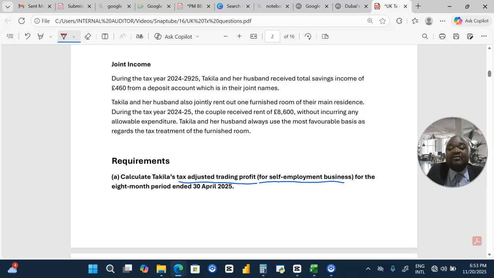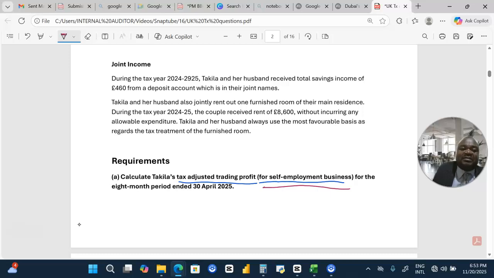The examiner always does this to ensure that students get straight to the requirement at hand. Not everything will be required at every requirement. Sometimes the examiner will be specific. We want you to calculate the tax-adjusted trading profit for self-employment only on this part.